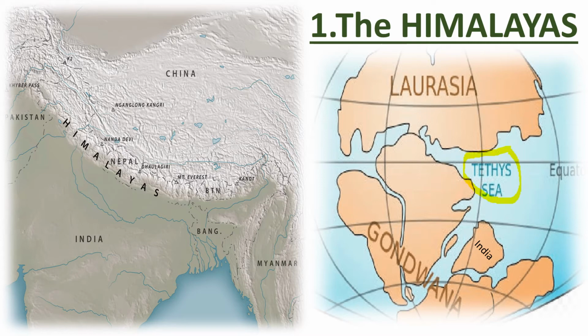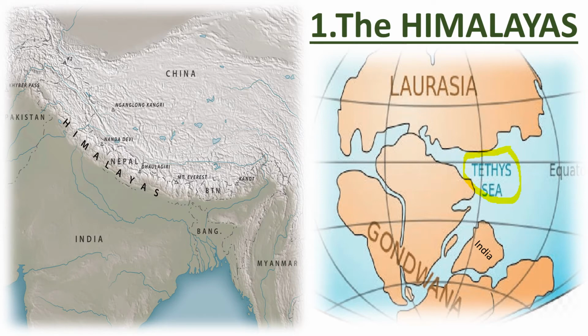To the north of the Tethys Sea, the landmass was called Angara land, and to the south of it was Gondwana land, which contained the present peninsular India. In course of time, these two land masses split up and began to move apart and also towards each other.